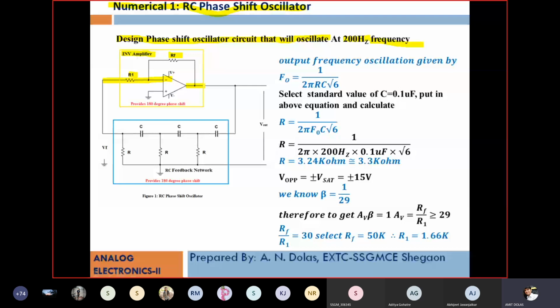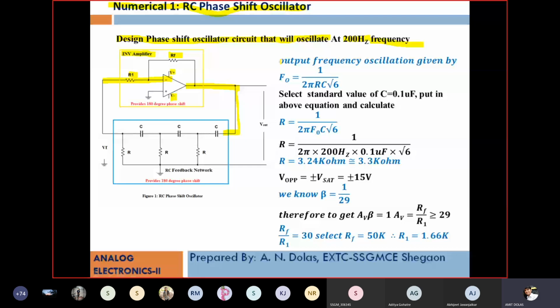Power supply you may show plus 15 and minus 15, or plus 18 minus 18, no worry about that. Or if nobody asks about power supply, then you can use plus V and minus V. So this is the logic. I have shown plus 15 and minus 15 here. Then this is the circuit diagram which we already analyzed.